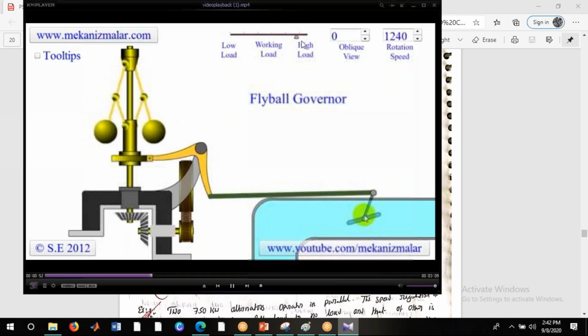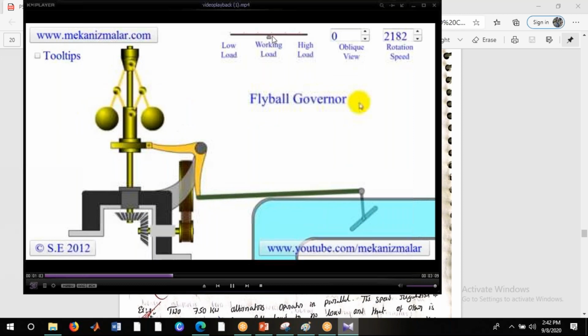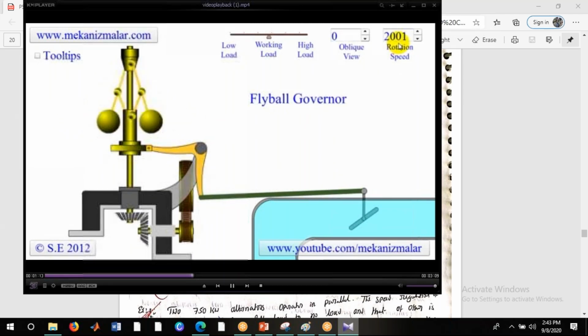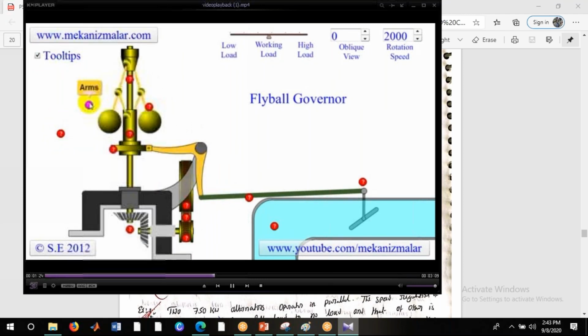So based on the load demand, we have to choose that. See, if it is high load, then the valve should be open. If it is low load, the valve will be closed. See, a valve is slightly going to be closed. At that condition, it should be going to the low load. And this entire mechanism should be based on the linkage mechanism, with respect to what connections are happening in this mechanism.